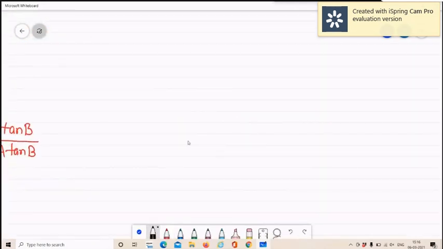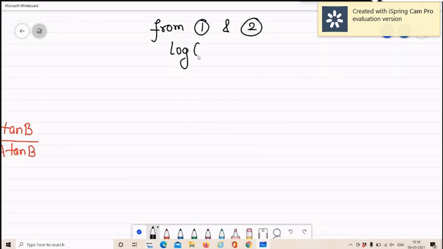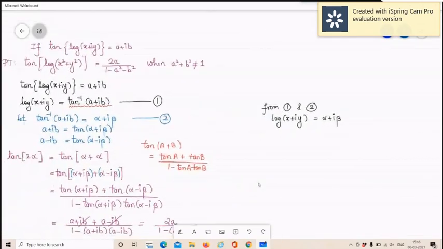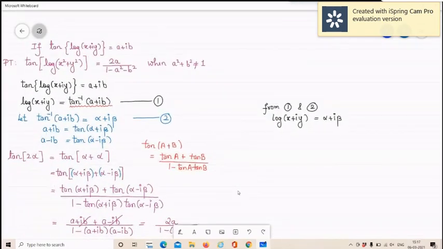Actually, what will happen is, we had considered one equation as 1 and 2. Because of that, what we got is log of x plus iy as alpha plus I beta. See, you can see 1 and 2. Log of x plus iy is tan inverse of a plus ib.